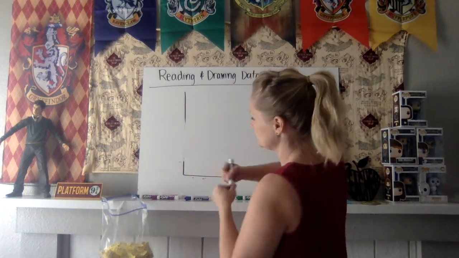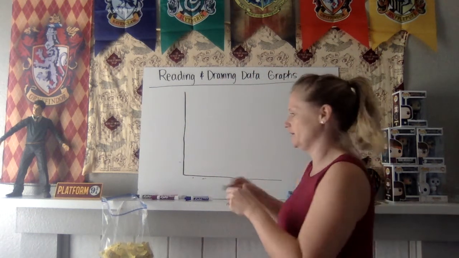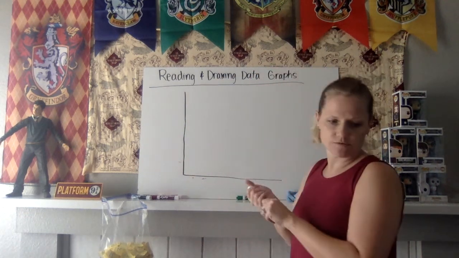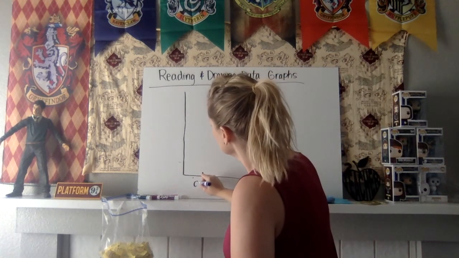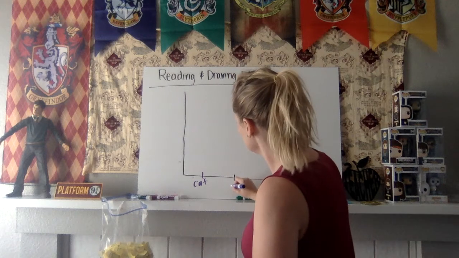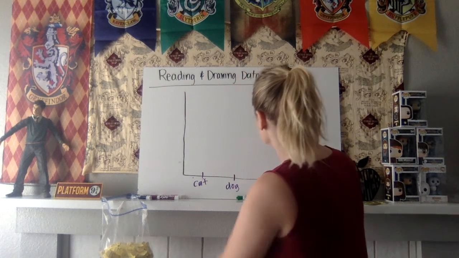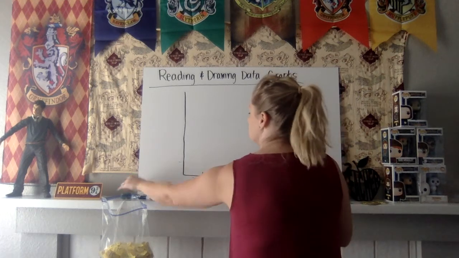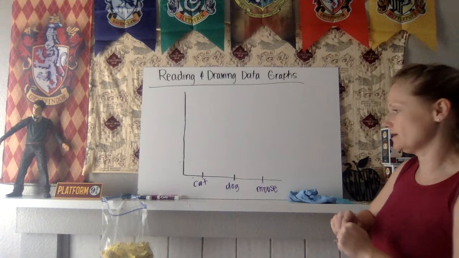So in our example, we're going to be talking about some animals, okay? And we're going to be talking about how much food is left in their bowl, all right? So first thing we're going to do is talk about a cat, a dog, and a mouse. Okay? So on our horizontal axis, we have the examples of the animals that we're going to be talking about.